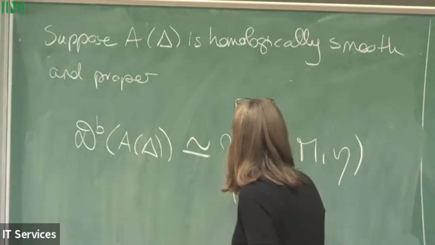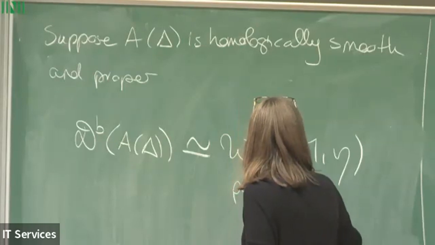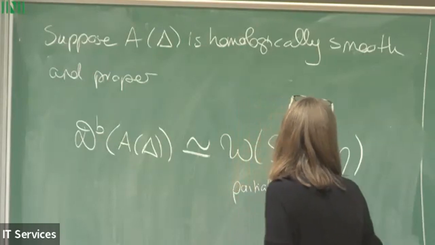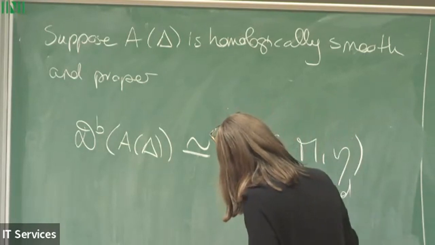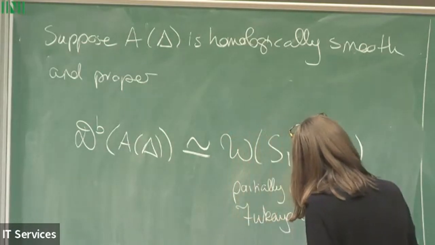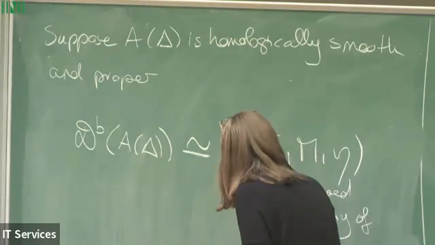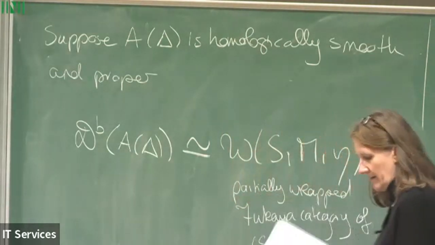So this is the partially wrapped Fukaya category of this surface with these marked points and the line field.